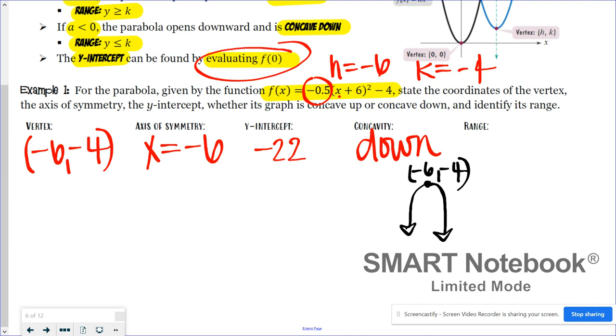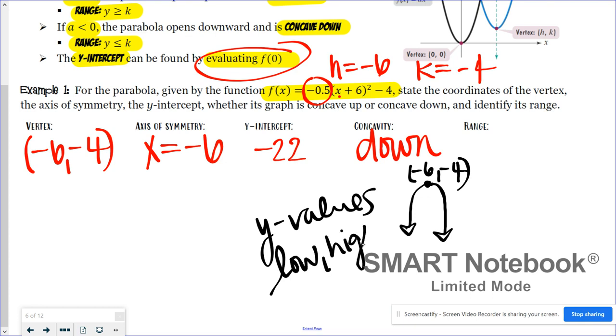And for the range, I want to write down my y values, and I want to think, how low does it go? How high does it go? So this parabola here would go low forever, so I'd write negative infinity. And then it would go as high as negative 4, and it is solid there, so I'd use a bracket. So I can write my range in interval notation like this.